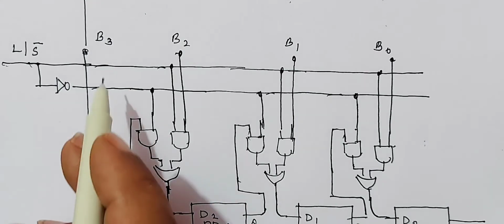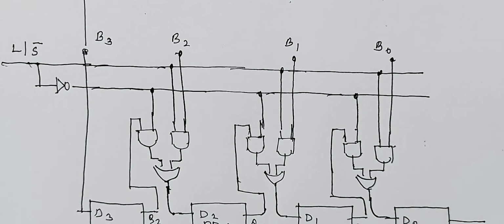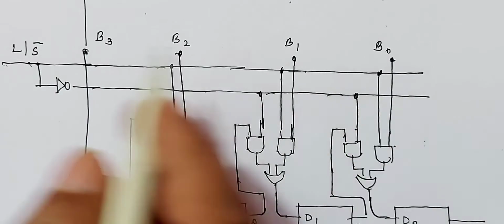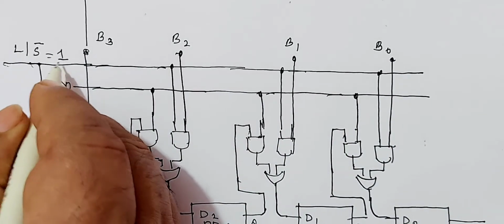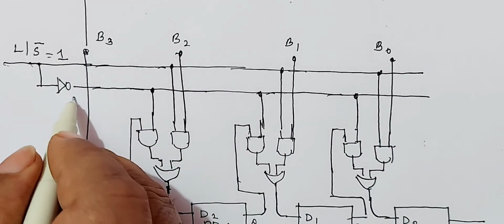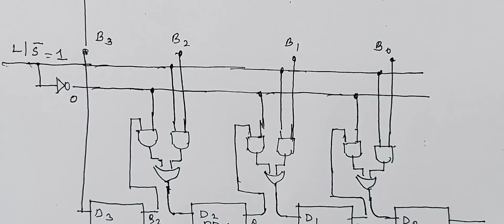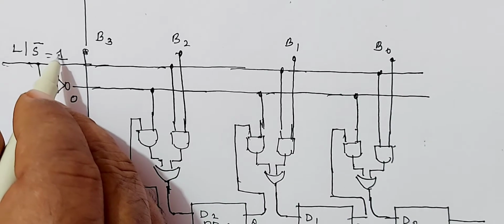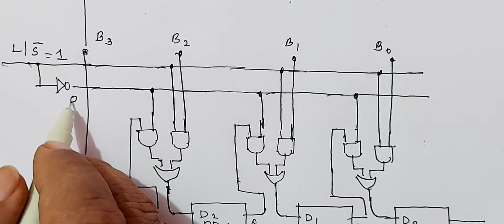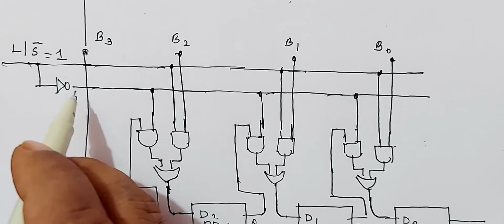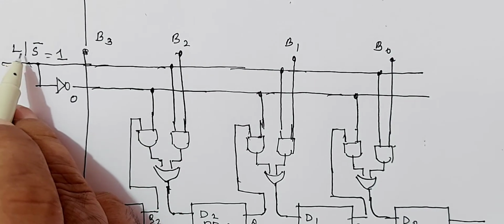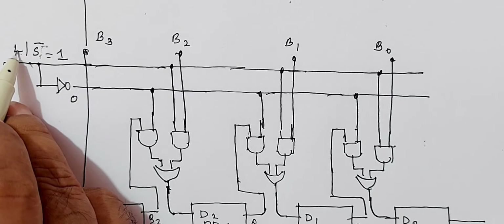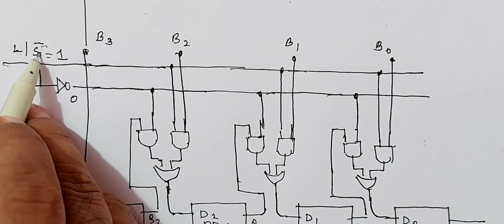That is, the input is applied simultaneously. For that you have to use this line as L equal to 1. That is the load input. When this is 1, this becomes 0. In order to shift the output, make this line 0. When this becomes 0, this output is 1. Therefore, I will call this line the load input bar shift bar input, because when L is equal to 1, S bar becomes 0.